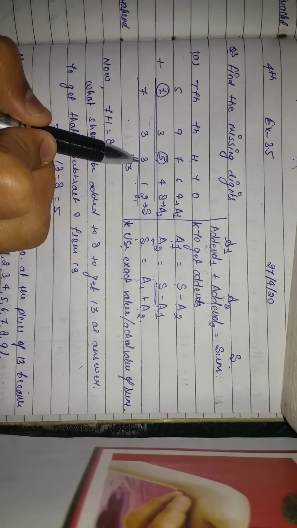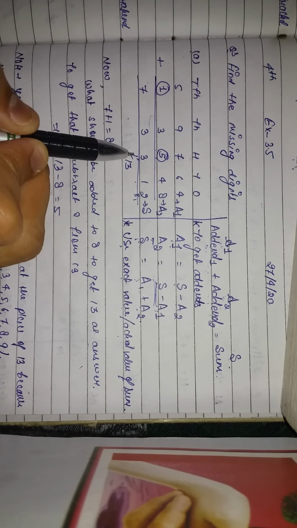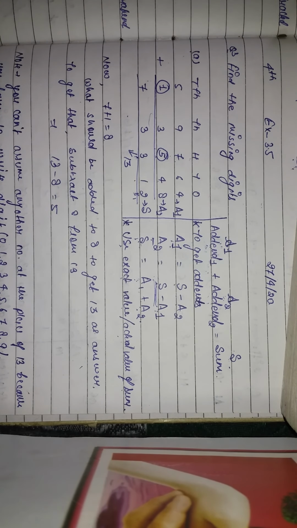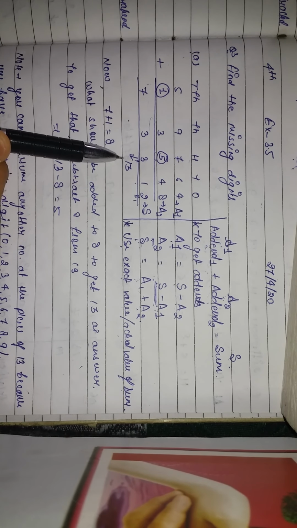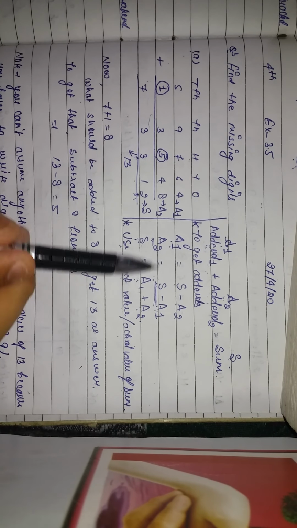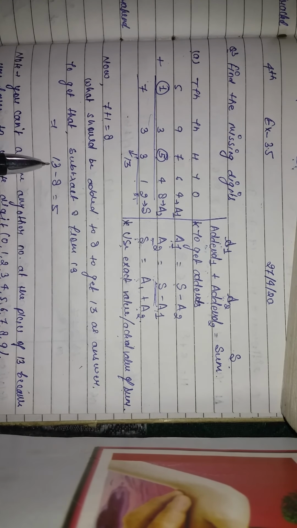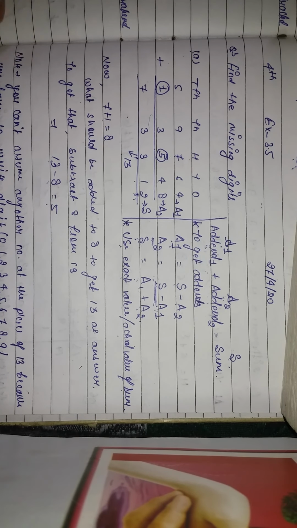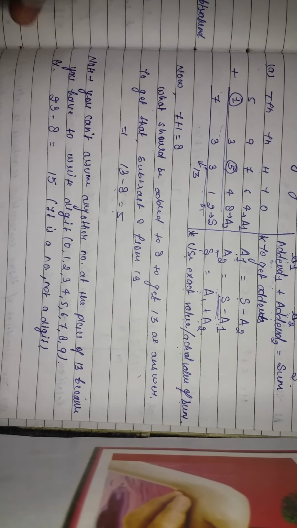Here I said that you have to use the actual value of the sum, not the value which is given here. So here the actual value is 13. Why I have taken only 13, not 23 or 33, that I will also explain. But for this time take it as 13. Now sum is 13, a1 is 8, therefore a2 will be 13 minus 8 is equal to 5, right?